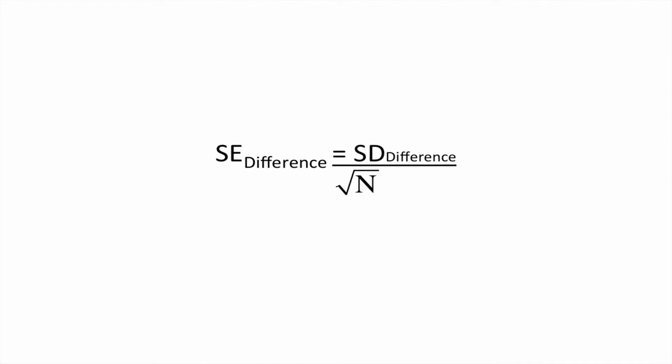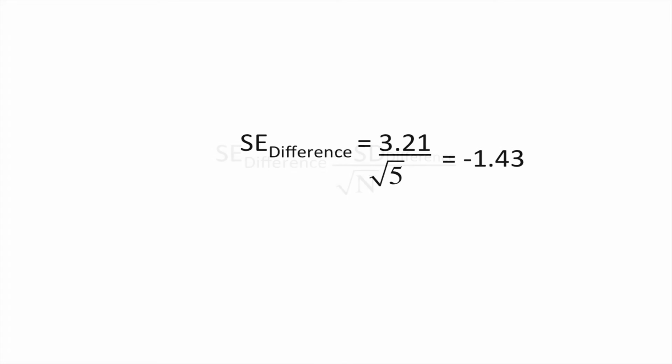To calculate the uncertainty in the estimate, we just need to take the standard deviation that we calculated for the difference and divide it by the square root of the sample size. So we had 5 people, so if we substitute in those values, the standard error of the difference in this case is 1.43, and we've calculated the bottom part of the equation.